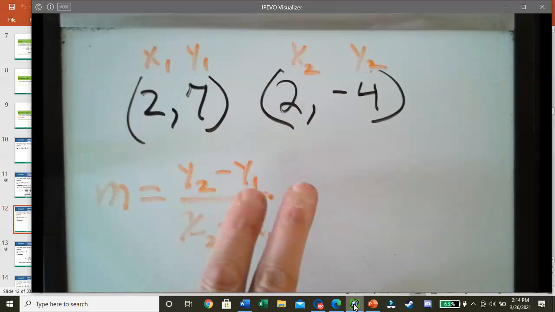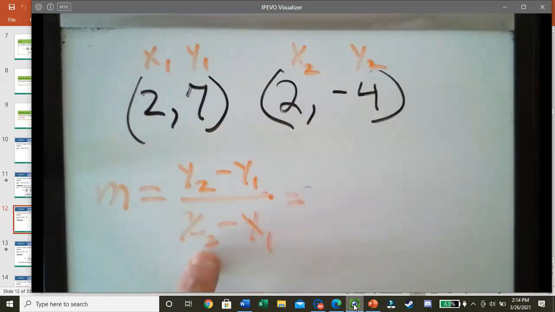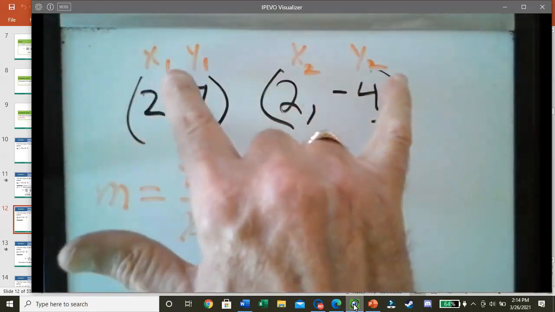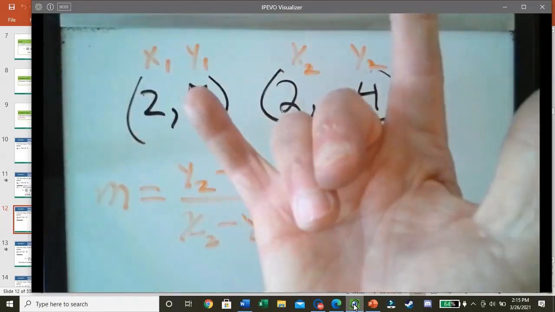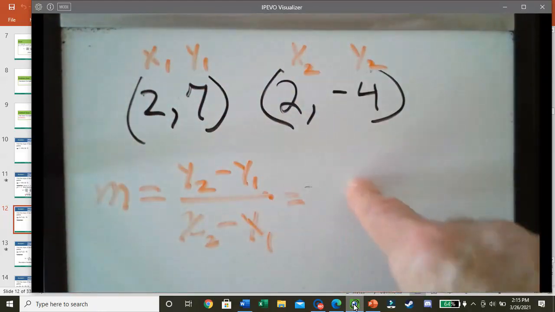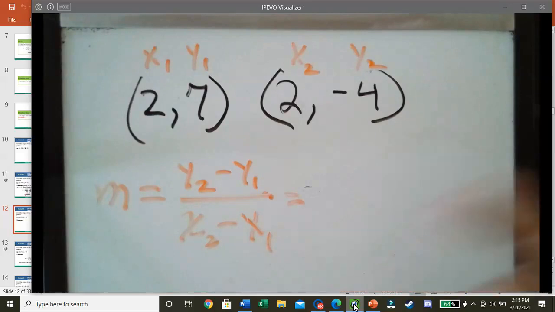If you put y1 minus y2, then you have to put x1 minus x2. It really doesn't matter which one's x1, y1, and which one's x2, y2. If you flipped it, that'd be fine. Only difference is the negative may end up being in the numerator instead of the denominator, but then you just put it in the middle anyways, and it's going to be the same.